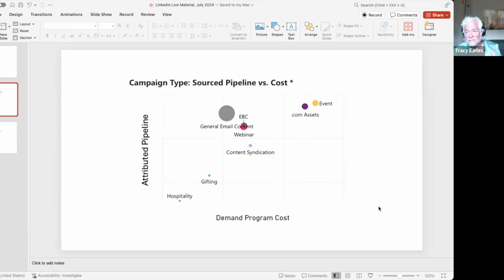Because I don't think that's a valid way to evaluate your campaign. If it's an email campaign, you use email metrics to judge whether that's a good email campaign versus other email campaigns. But don't use ROI to judge your email campaign versus a webinar campaign.